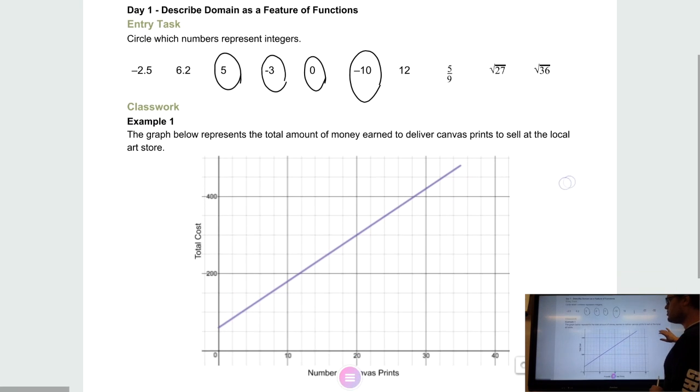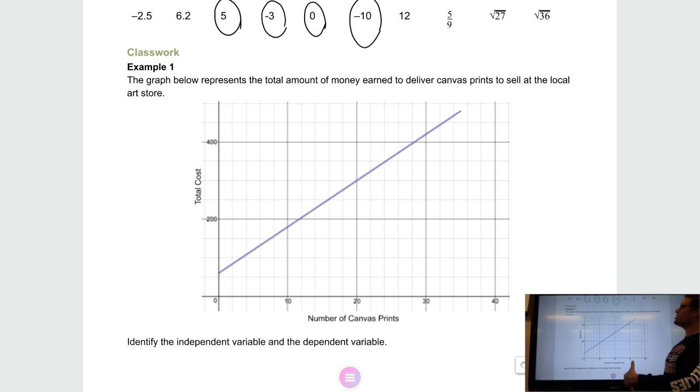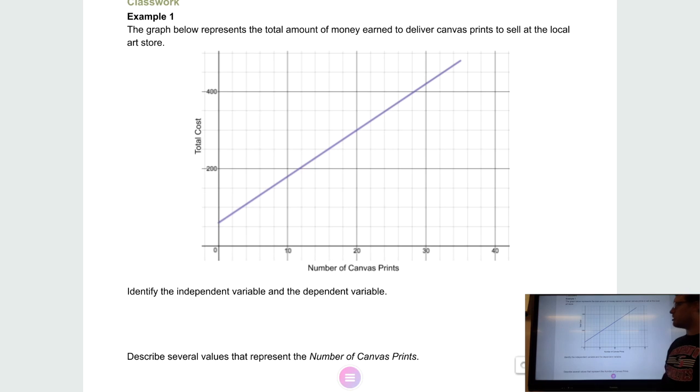Moving on. The graph below represents the total amount of money earned to deliver canvas prints to sell at the local art store. So to identify the independent variable and dependent variable, again, in context, review, I hope, for some extent. The independent variable is the x-axis. It's the number that we always will put along the horizontal.